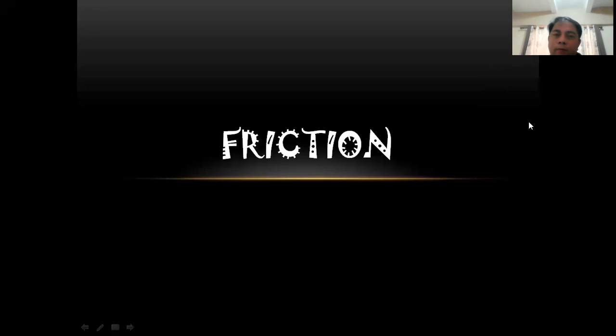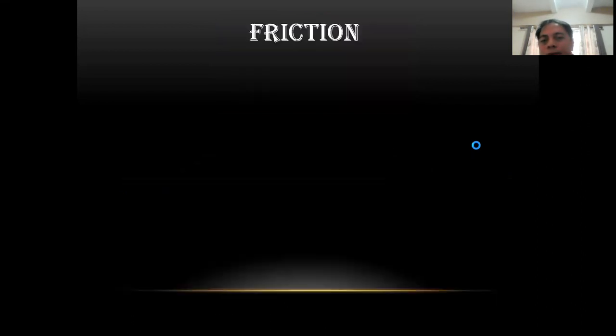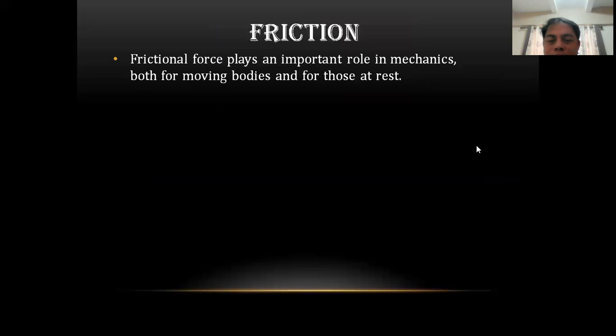Now, for friction, we can also increase it, and we can also decrease it. If we need enough amount of friction, then we need to increase it. We realize that it depends on the kind of surface that we are dealing with, and on the state of the body, whether the body is not moving or moving.